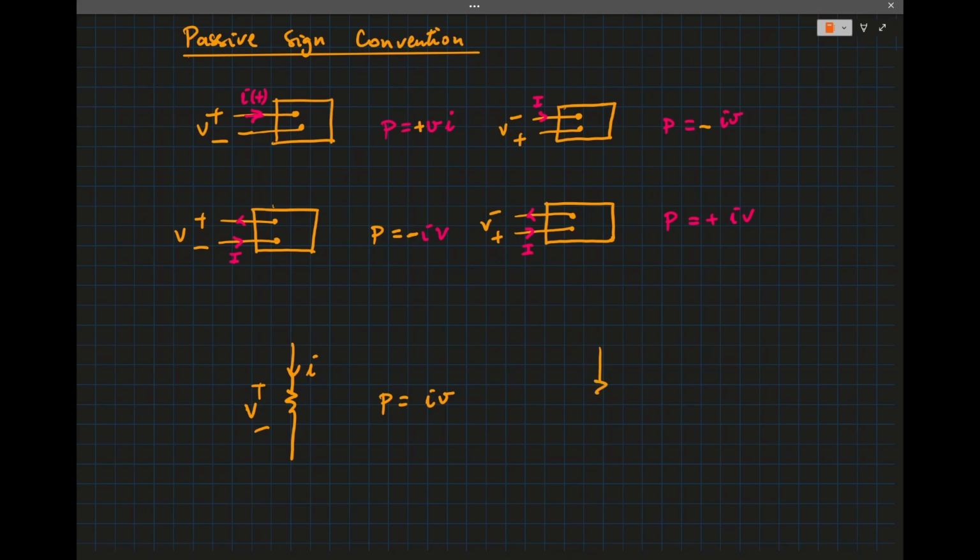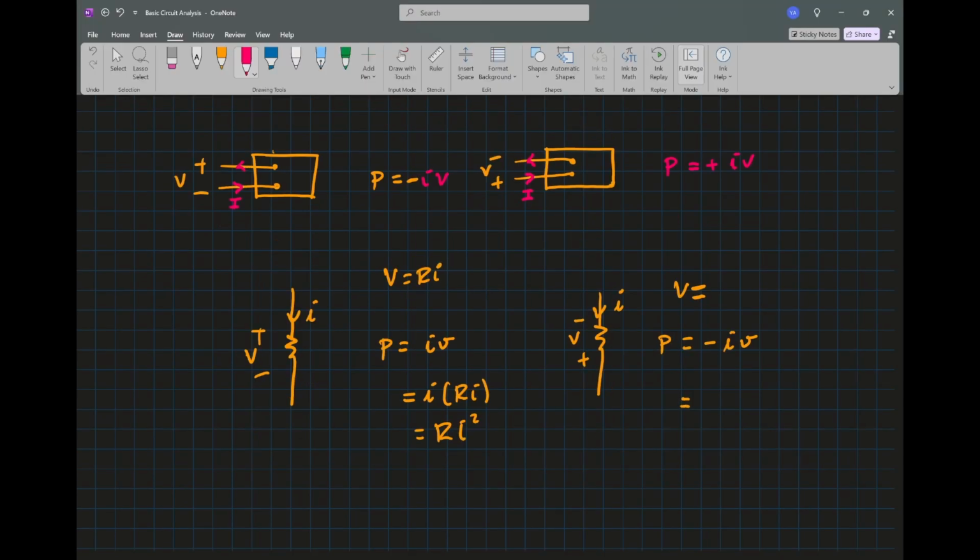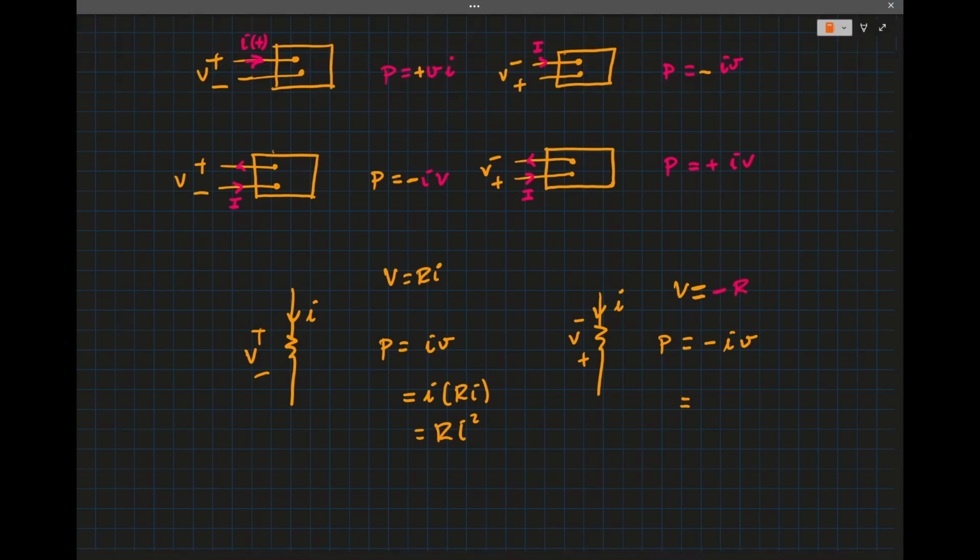But if you have the scenario where the current is still flowing that way, but the polarity of the voltage is given as such, then P is negative I times V. But what is Ohm's law? V equals Ri, but because the current is flowing from minus to plus, it is negative Ri.